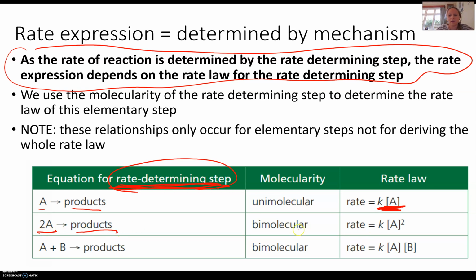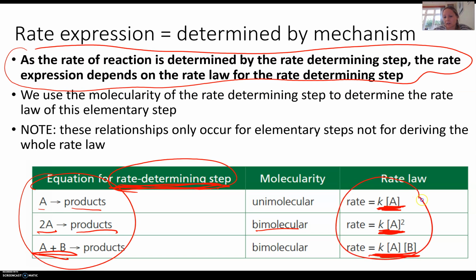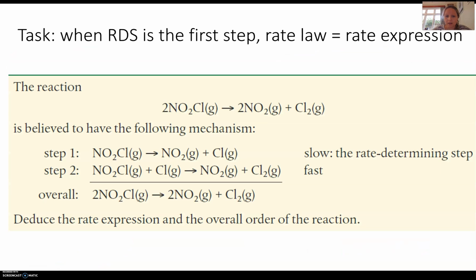Because there's 2, then that would actually be what we call bimolecular, and then it's a rate order 2. So if the rate determining step was A plus B, then the rate expression would be A times B, like so. Okay, so we can actually use the rate determining step and how it's formulated to formulate a rate law. So it's kind of like an extra way of being able to do this.